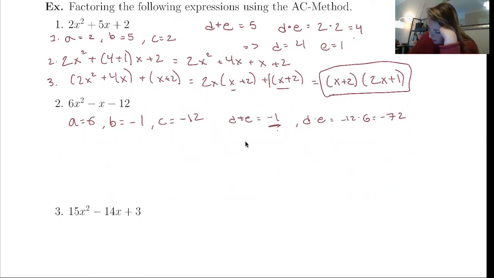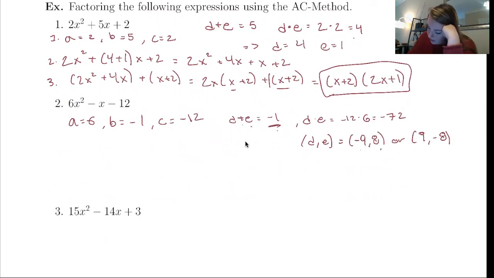So we either have that D and E are -9 and 8, or 9 and -8. So that's where we go to find D plus E to narrow it down.